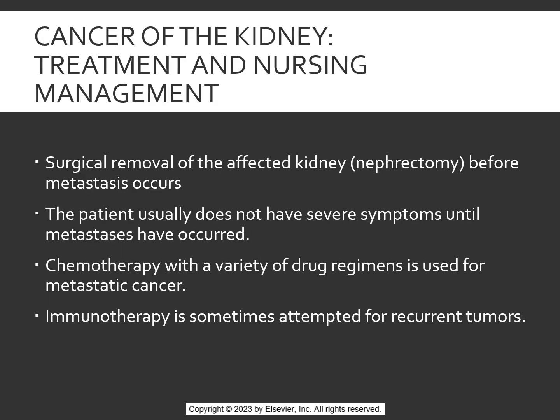Surgical removal or partial removal of the affected kidney is curative in non-metastatic disease. Immunotherapy, targeted therapy, and radiation are used for RCC with metastasis. Cytokines interleukin 2 and interferon alpha are immunotherapies that are effective for only a small percentage of patients.